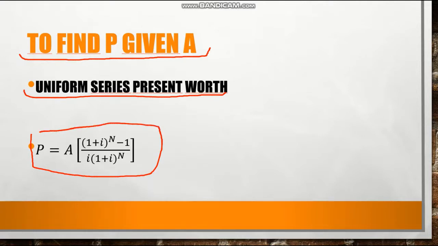This mathematical formula gives us the present value of the annual payment. Let's see an example again, and we will end this week.